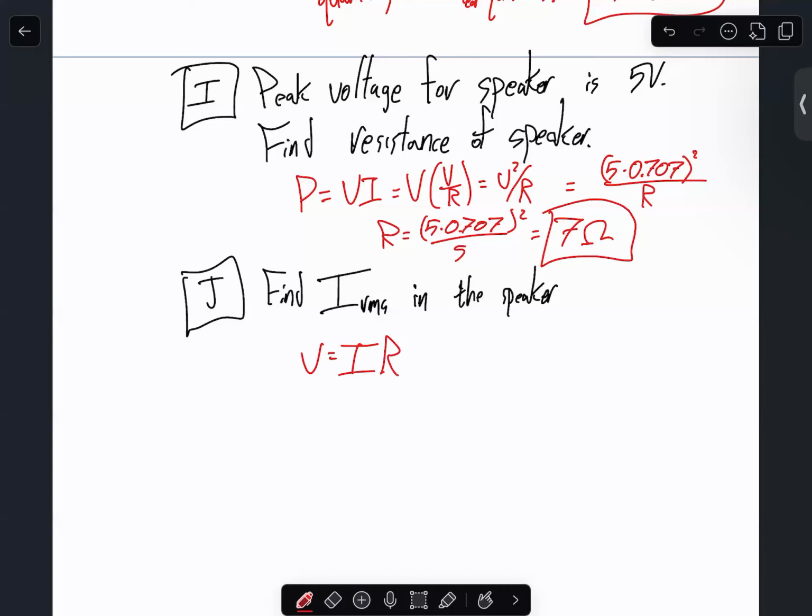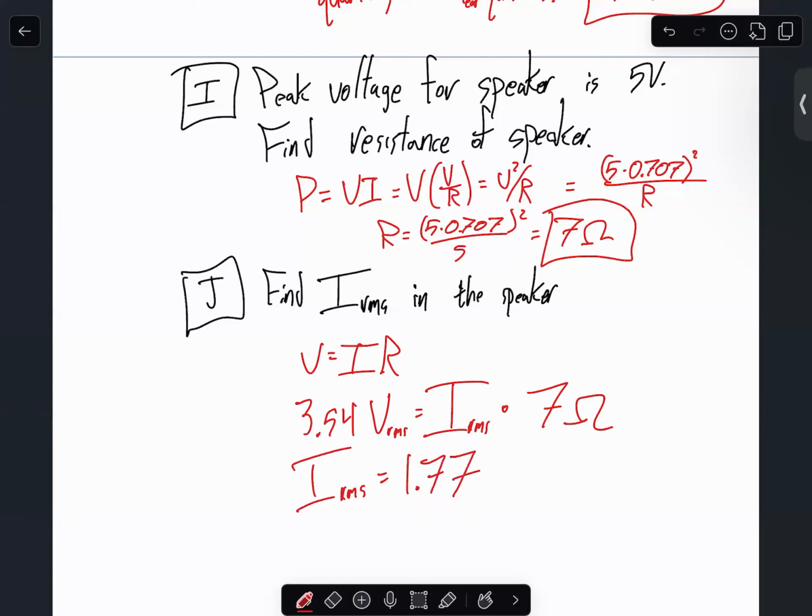What I would do here is I convert 5 volts to its RMS voltage, 3.54 RMS volts, equals I RMS times 7 ohms. 1.77 amps. I shouldn't mix an equation with its units.